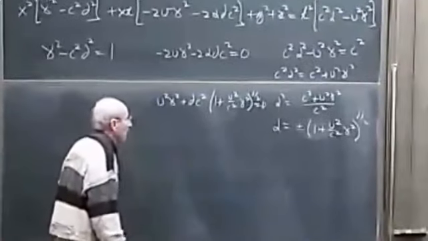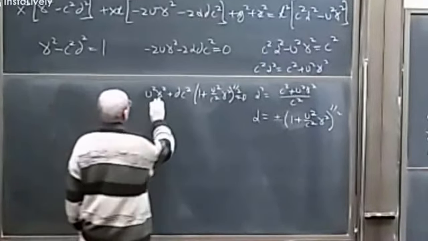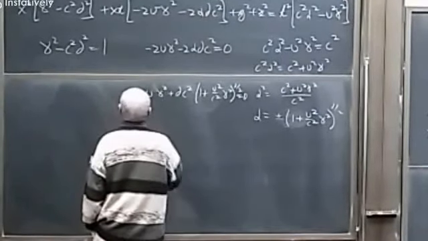Is v supposed to be squared in that first one? No, it's not. Thank you.